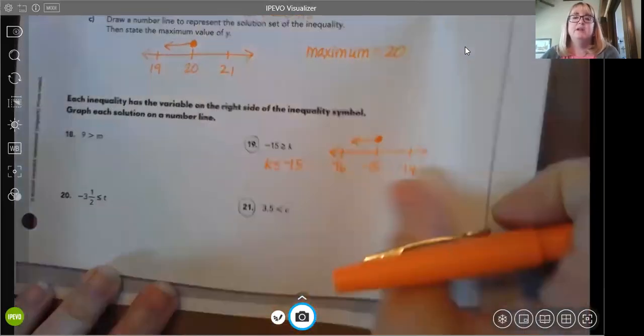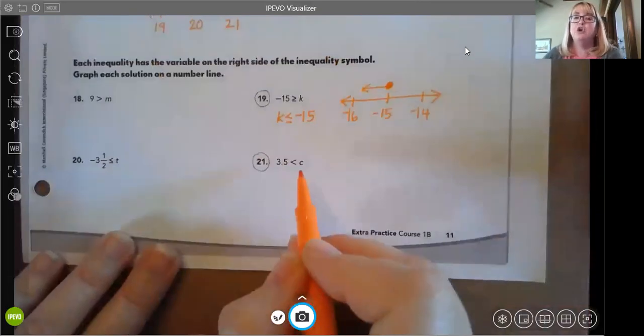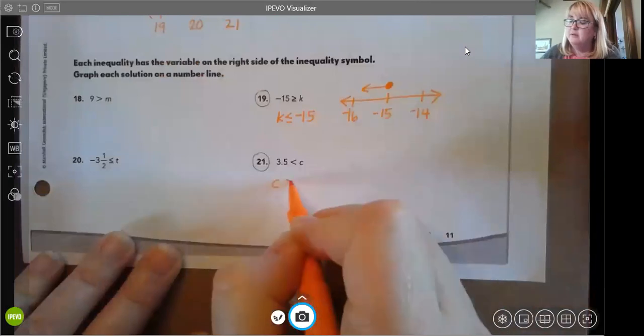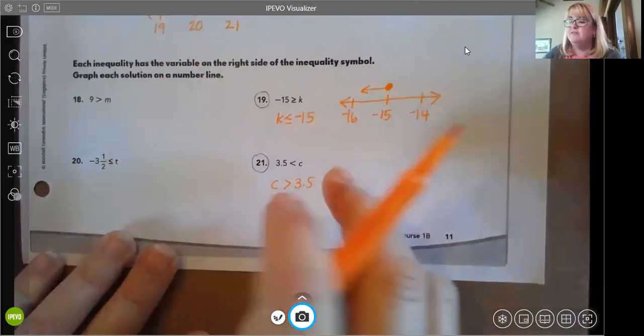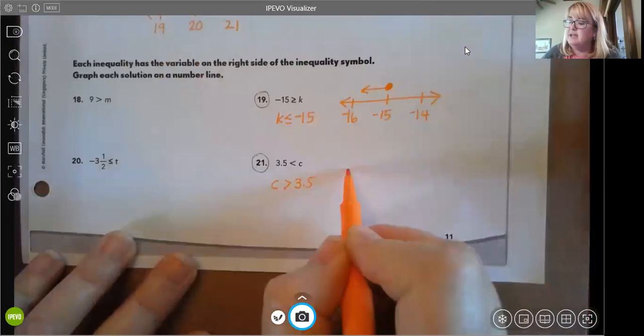Okay, let's look at 21. Again, C is on the right side. So we're going to turn our inequality completely around. Okay, so all we did was switch the spot of 3.5 and C and then switch the sign. Okay, so let's graph that.